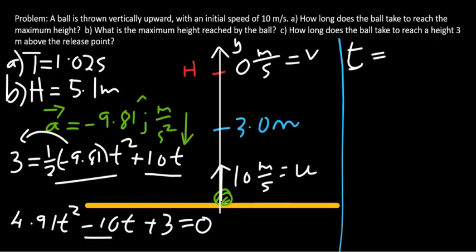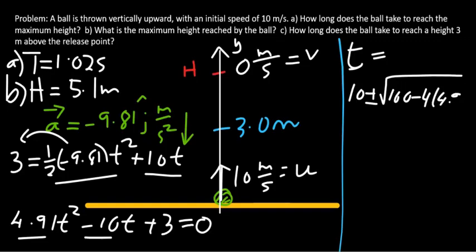B is your minus 10, so minus b is 10 plus or minus the square root of b squared, so that is 100, that is minus 10 squared, minus 4 times a, a is that number 4.91, times c.